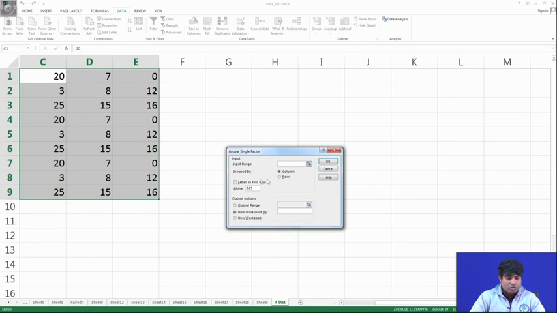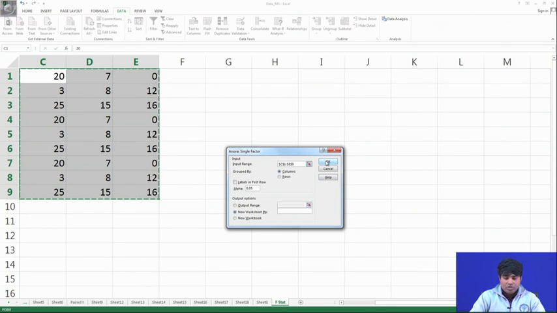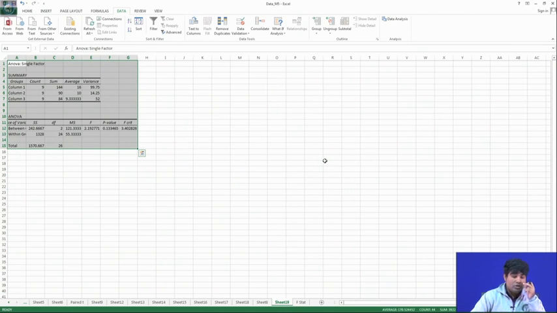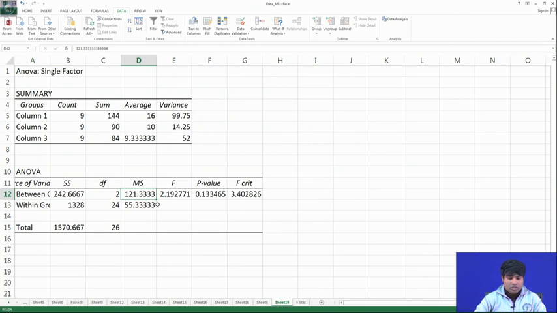Then you just highlight again the entire sample, and then you click OK. So, this is the usual representation of the output, and we have the between difference and the within difference, and the ratio between the two gives you the F value.